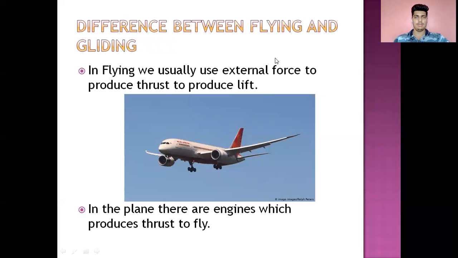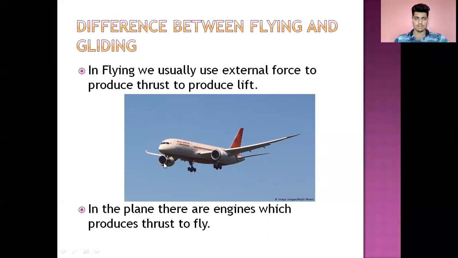So the difference between flying and gliding is that flying usually uses an external force to produce thrust, or we can say lift. So for example, here is a plane of Air India, and I guess it is an Airbus A320. It has two engines on both of its wings.